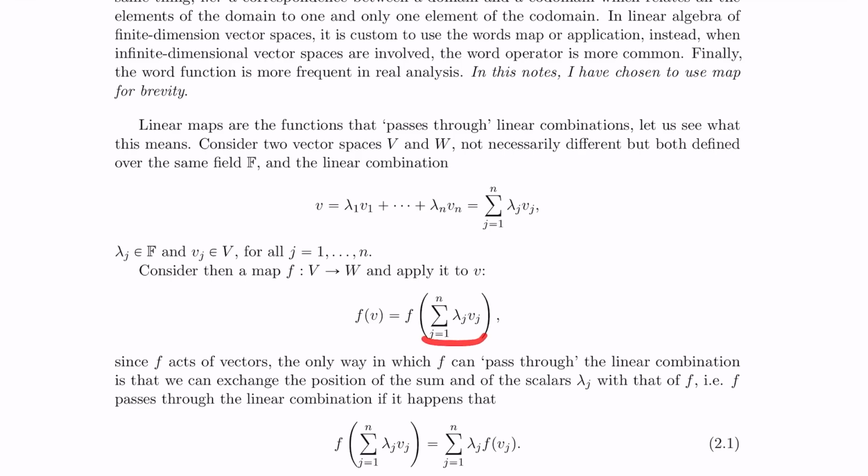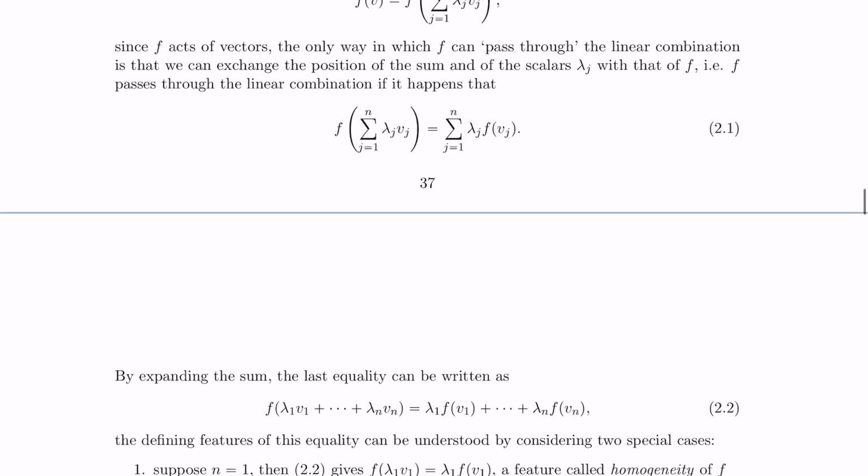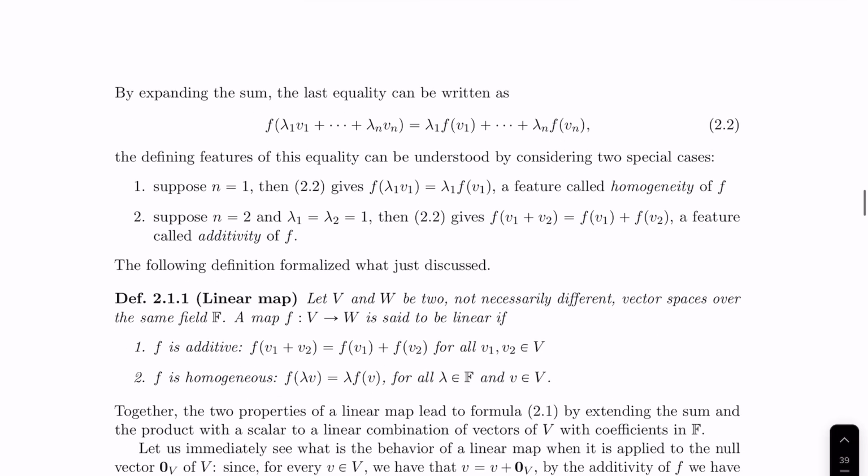Since here we have a linear combination, the only way in which F can pass through the linear combination is to have something like this. That is, F passes through the linear combination if the position of F can be swapped with the position of the sum and the scalars lambda j. If we write the sum explicitly, then this last equality can be written as follows.